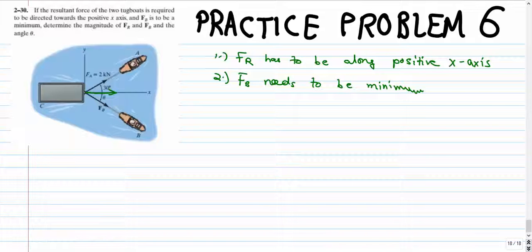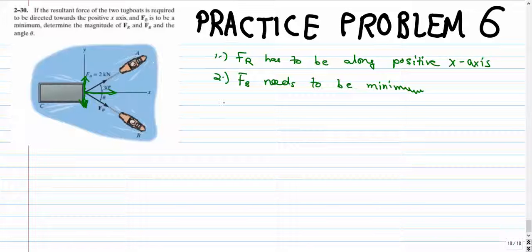And they are opposite in direction, as we can see in the diagram, since the y component of the 2000 Newton force is upwards, while the y component for the Fb force is downwards. So that's the first thing that we see. These components need to cancel each other out in order for the resultant to be only horizontal.